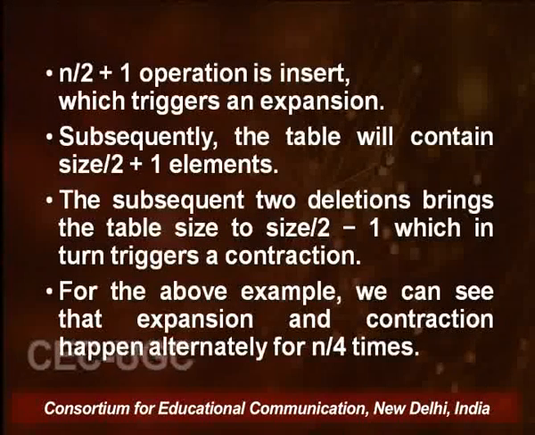Every 4 operations, 2 insertions and 2 deletions, you perform expansion and contraction, again 2 insertions and 2 deletions, and again you have expansion and contraction. So now looking at this strategy, is it a good strategy? Please try to understand that it is triggering expansions and contractions too frequently, which is not the idea.